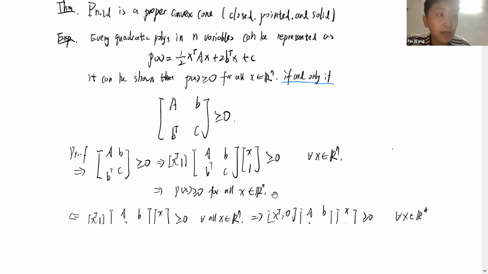Then we expand this quadratic term, and this is exactly p(x) being non-negative. So this is one direction. Here the matrix inequality means positive semi-definite. And this is a scalar, so it is non-negative.